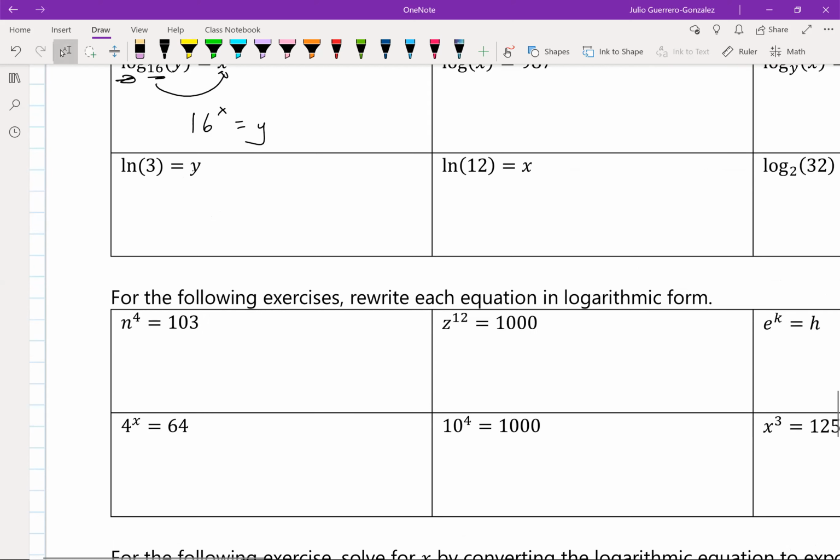And then same thing for this one. Let me highlight it. I'll do the first one here. So this one would be log base n of 103 is 4.